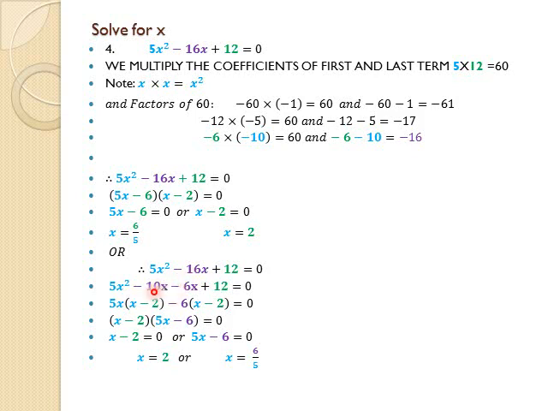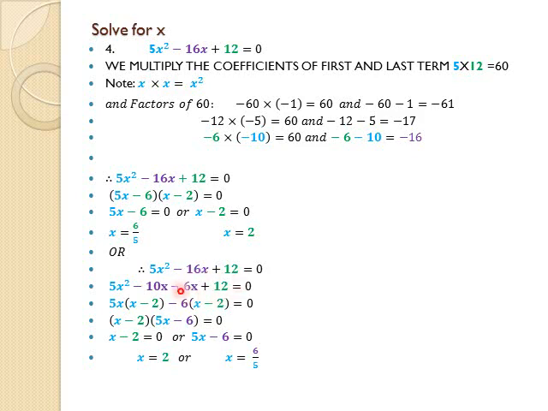If I take minus 10x, 5x, 5 can divide into 5 and into 10. If I take 10x away, I'm left with minus 6x. 6 can divide into 6 and into 12. So I've broken minus 16x up so that there's a common factor for the first two and a common factor for the last two.